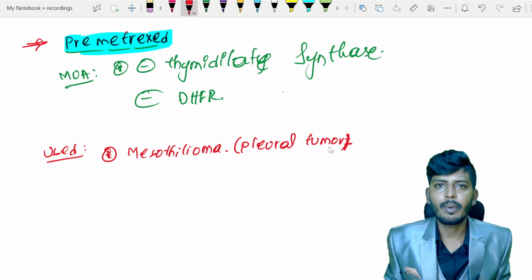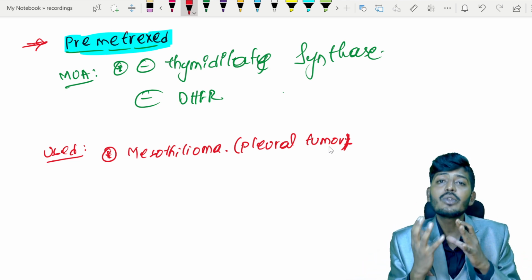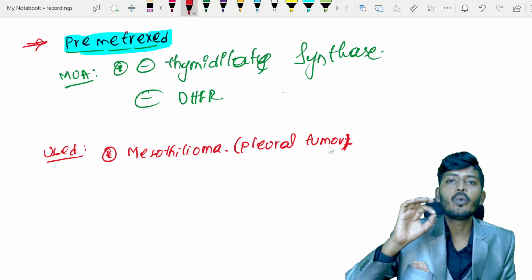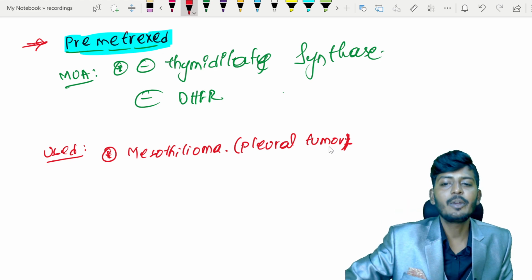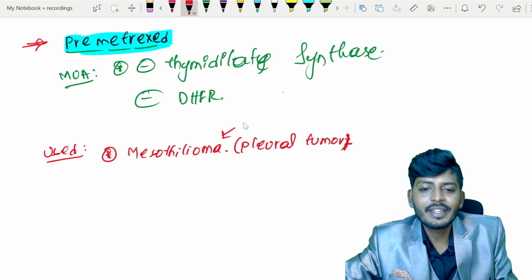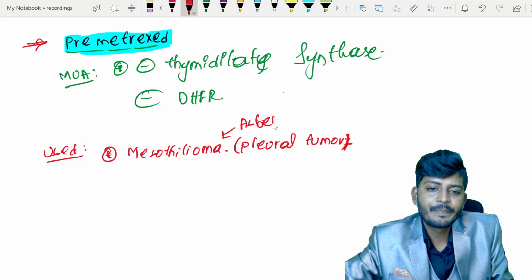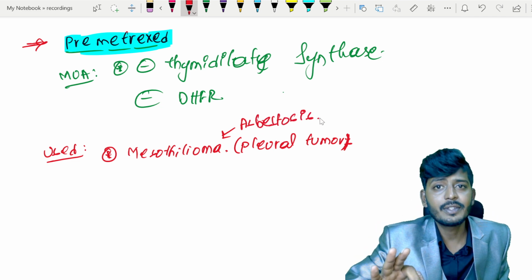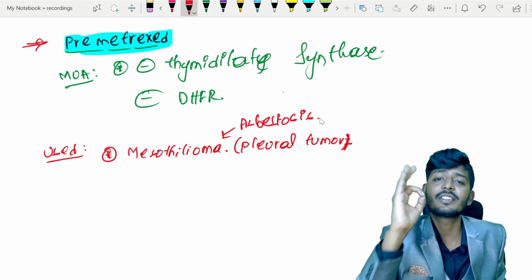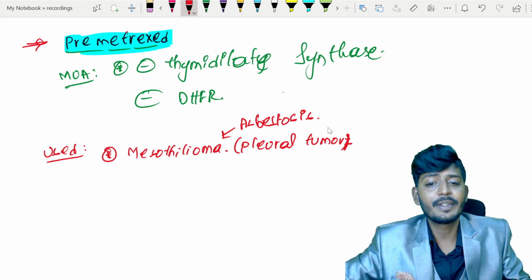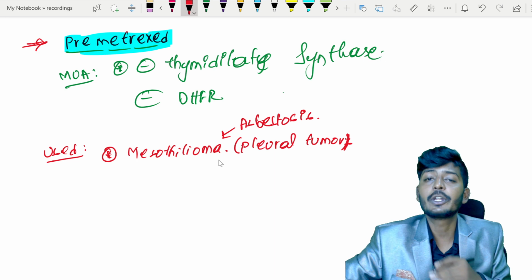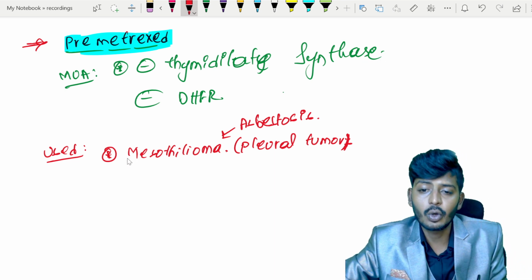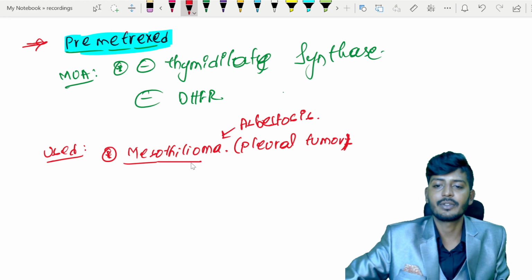Mesothelioma is specific to one type of pneumoconiosis, an occupational lung disease, that is asbestosis. It's not the most common tumor of asbestosis, but rather the most specific tumor. Remember, for asbestosis, the most specific tumor is mesothelioma.